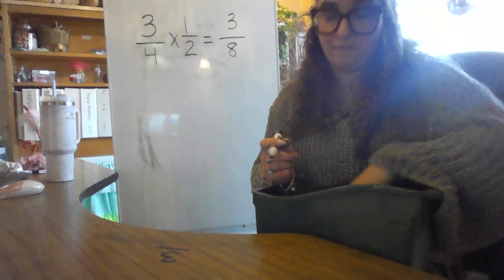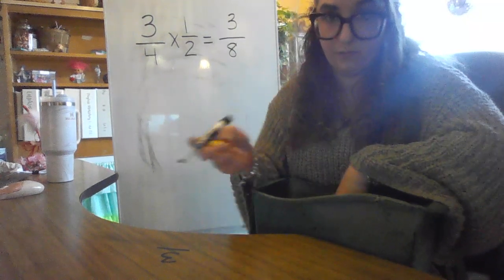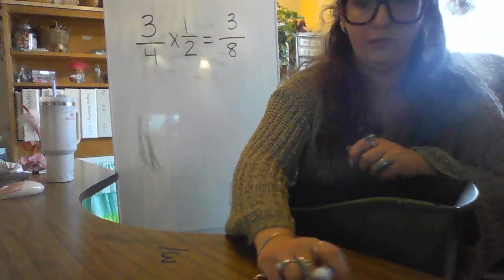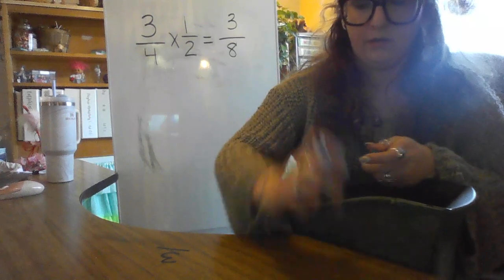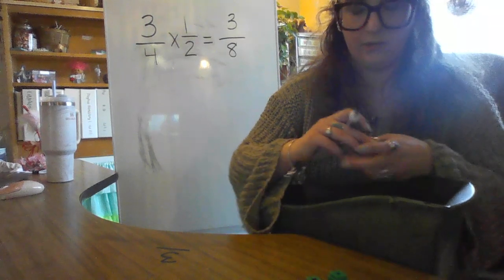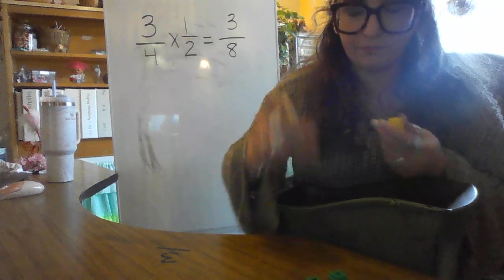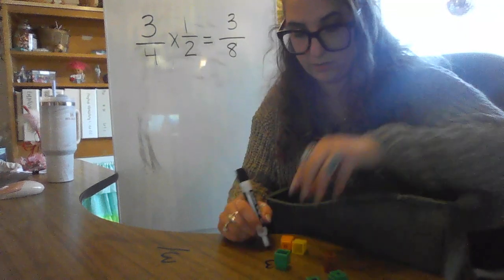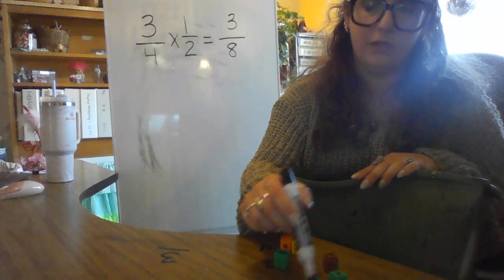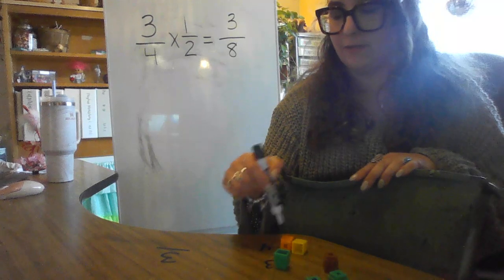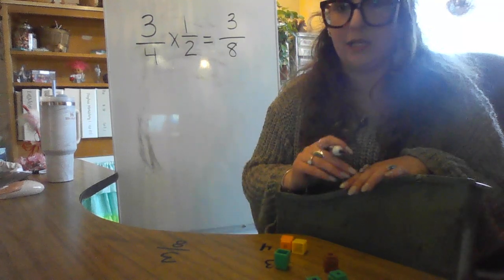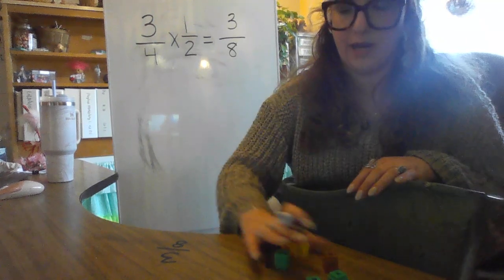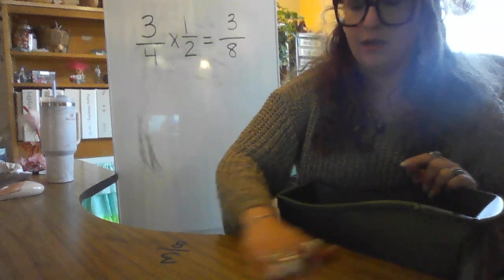Then we have 4 groups of 2: 1 group, 2 groups, 3 groups, and 4 groups of 2. Then you would count your cubes: 1, 2, 3, 4, 5, 6, 7, 8. So that again gives us the answer of 3/8.